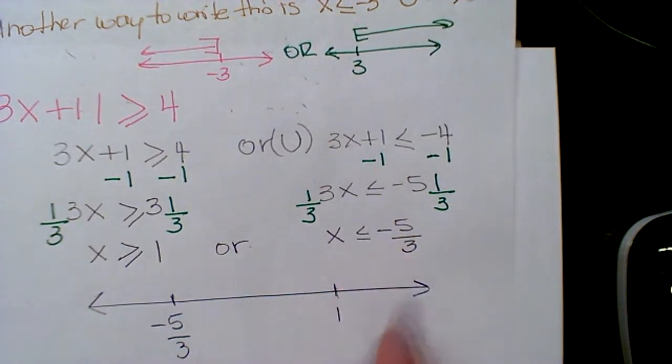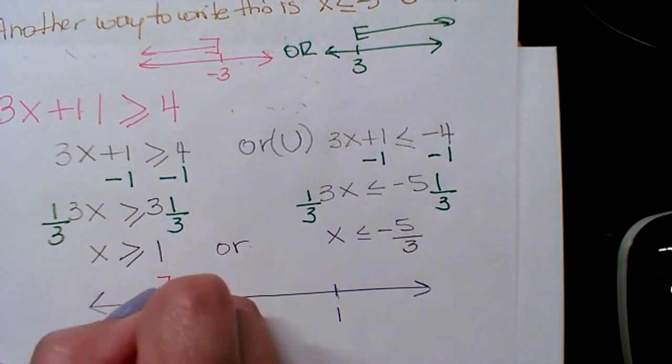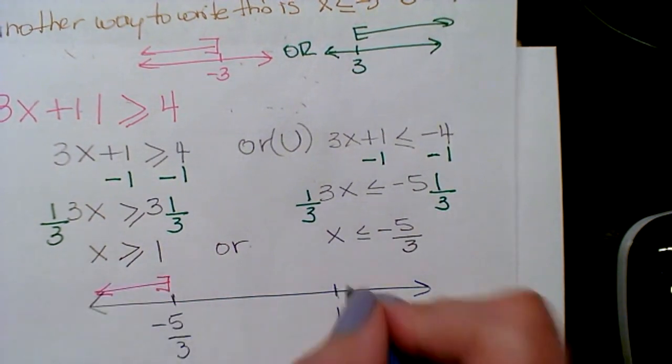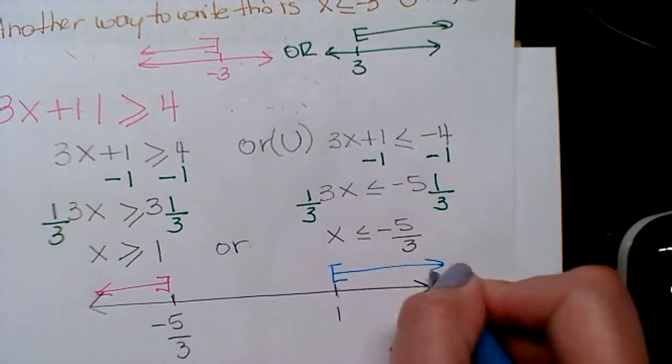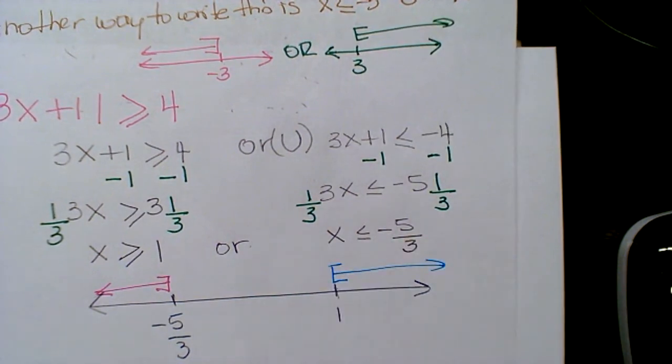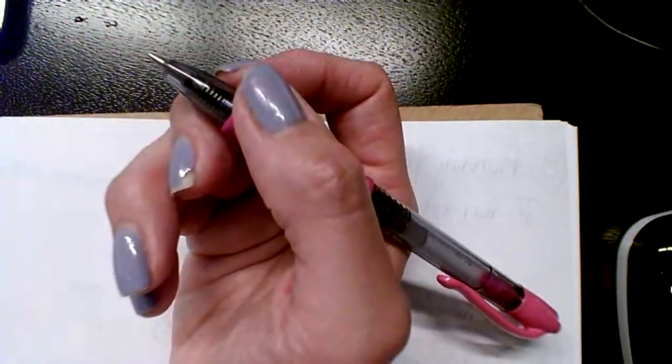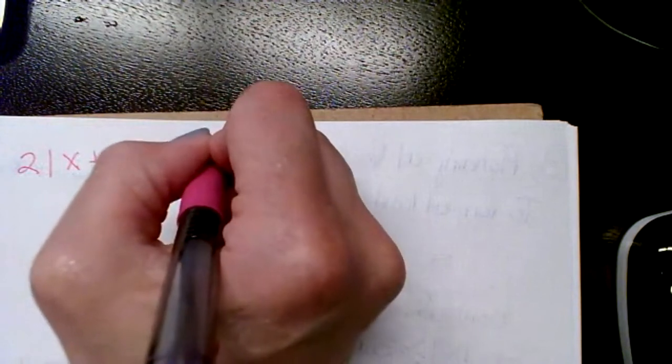The numbers that are less or equal, and the numbers that are greater or equal to 1. All right, I do have another one here that we could do. Greater than 5.